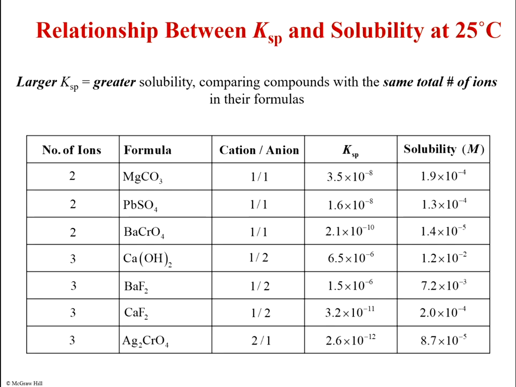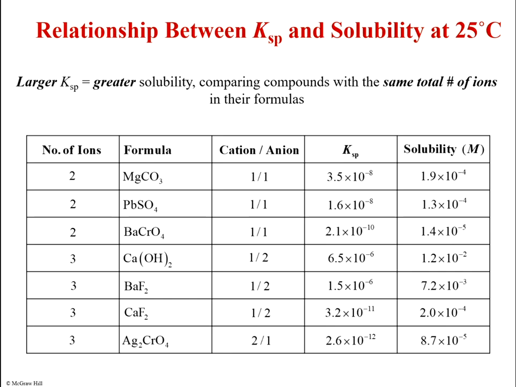There's a relationship, of course, between the KSP and what is sometimes termed the solubility of a salt at 25 degrees Celsius. A larger KSP means there's a greater solubility, that is, when comparing compounds that have the same total number of ions in their formulas.